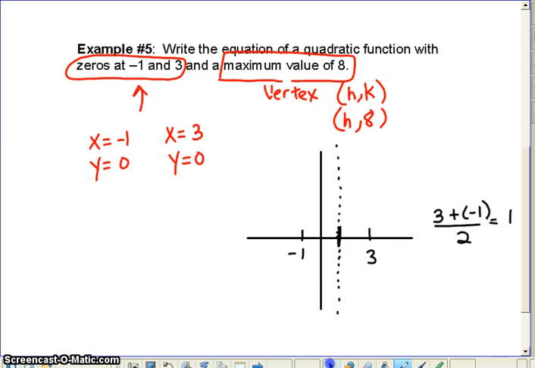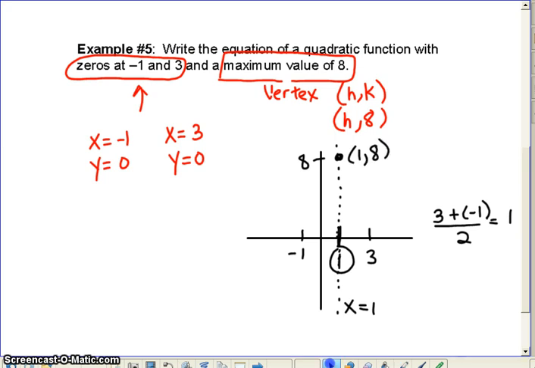So at x equals 1, okay, that's going to be the x-coordinate of the line of symmetry there. The line x equals 1 splits that in half. So my vertex, my high point, my maximum value is at 1, 8.